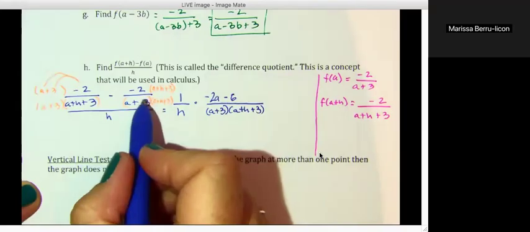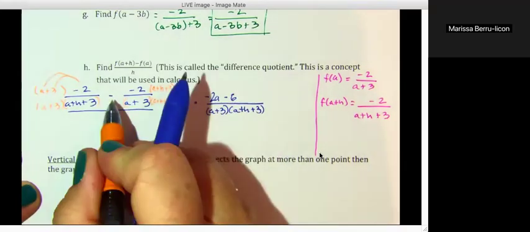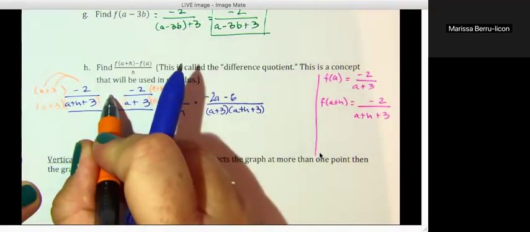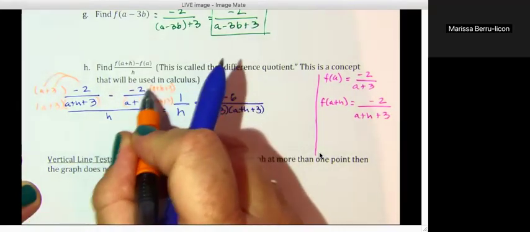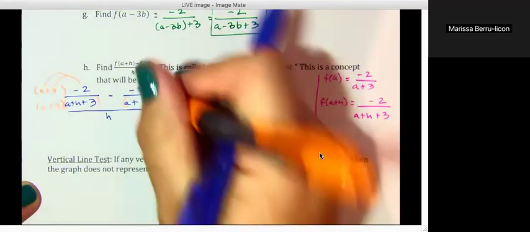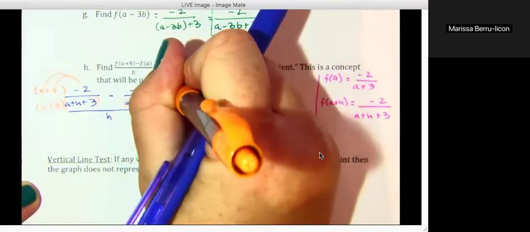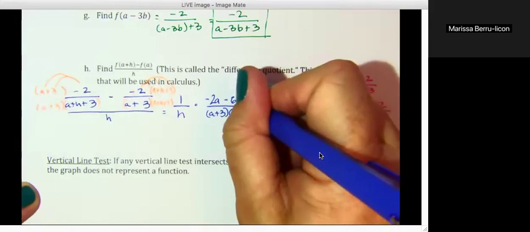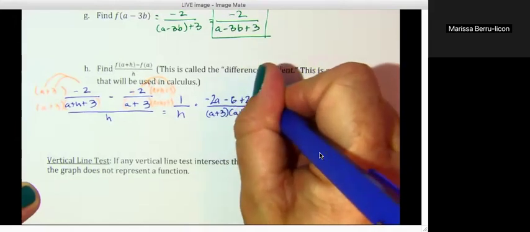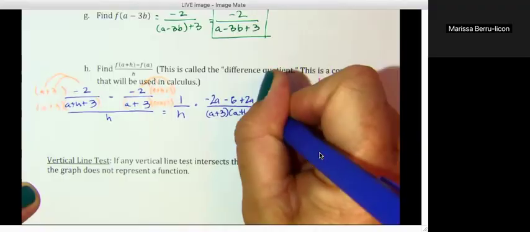And then over here, I have a few things happening. I have this negative times this negative, so that will become a positive 2. And then positive 2 distributed to all three of these terms, so positive 2 times a, times h, and times 3. So I have plus 2a plus 2h and plus 6.